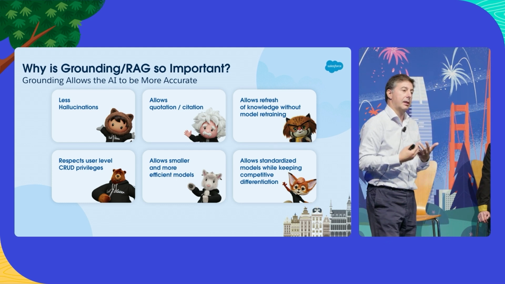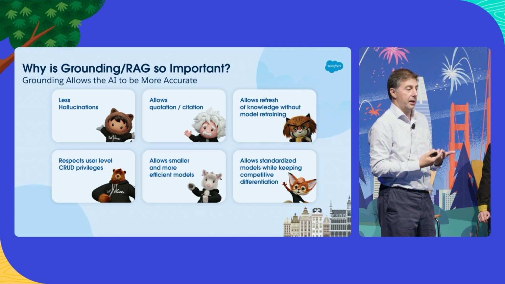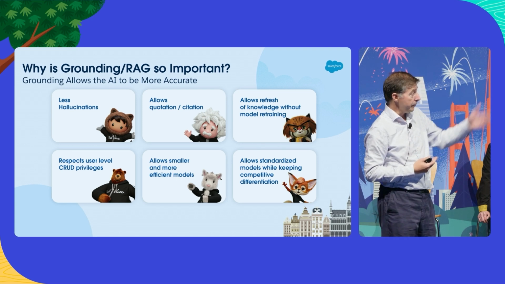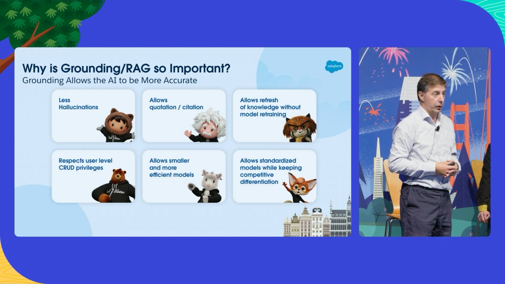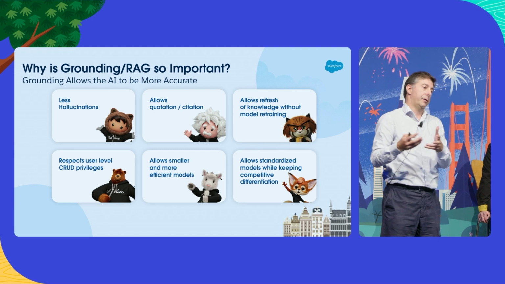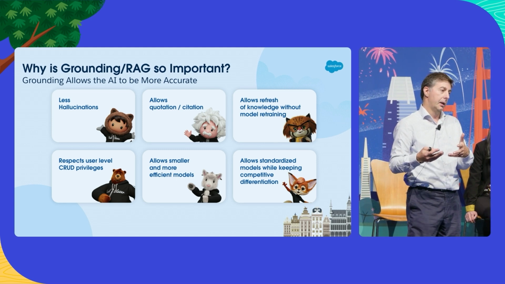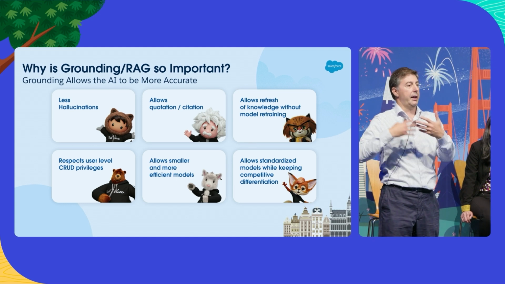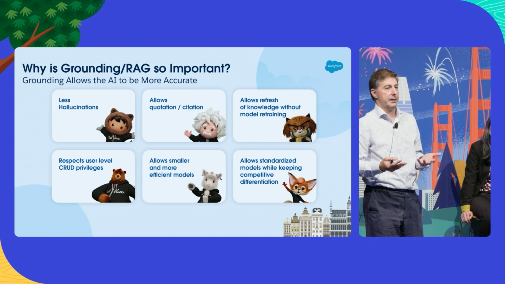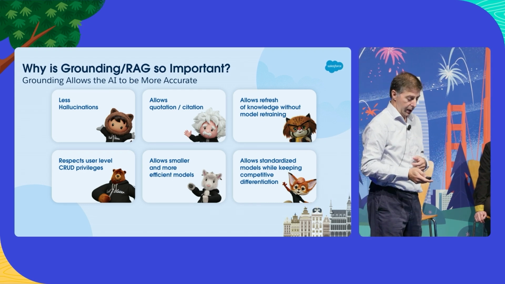And thus it gives the user the trust that they need to trust the answer that the LLM is giving. The last benefit that I would like to call out is that with grounding, by giving the most up-to-date information to the LLM, you don't need to retrain the LLM, which is a costly process. So it's more cost-effective and more efficient.